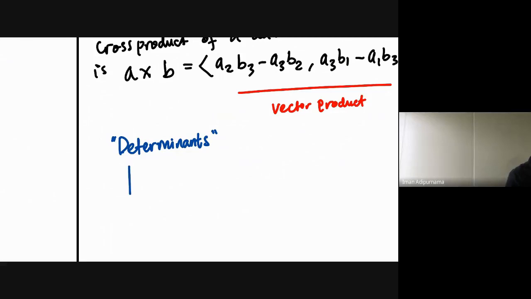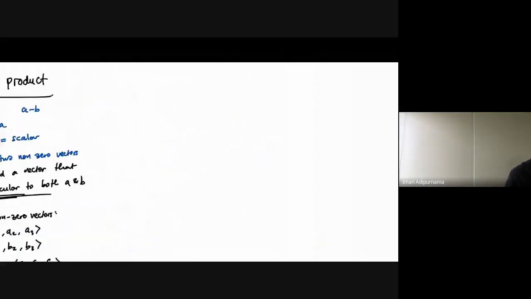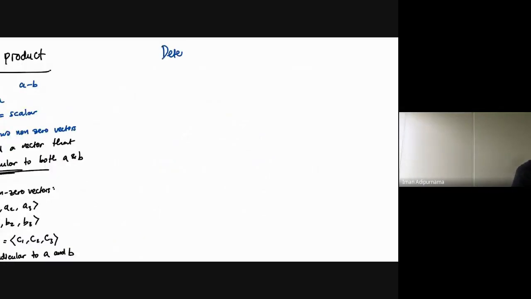If you have only a 2 by 2 matrix like A, B, C, D, its determinant is AD minus BC. This is order 2. If you have 3 by 3, let's move to here, the determinant of 3 by 3.